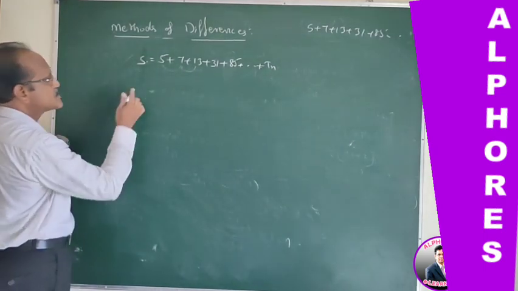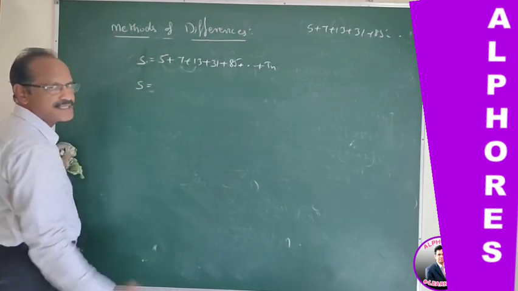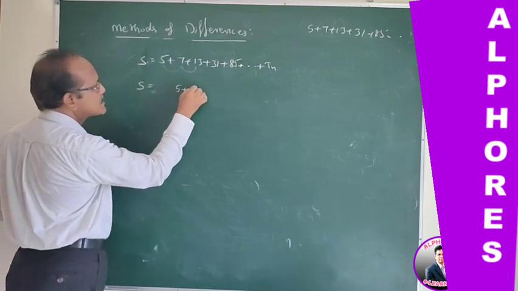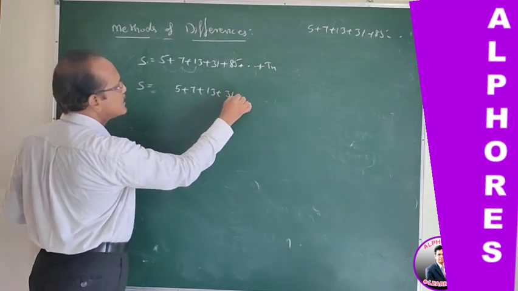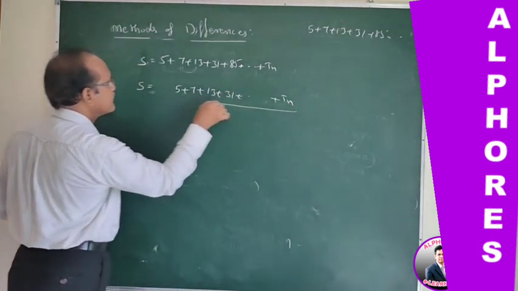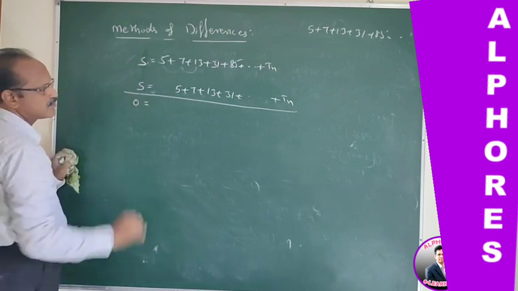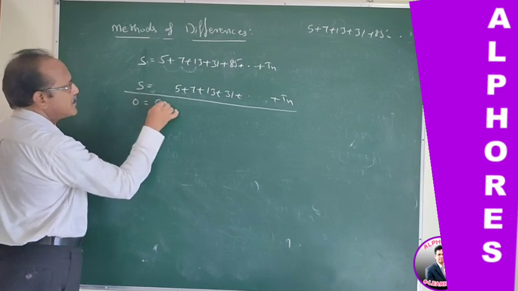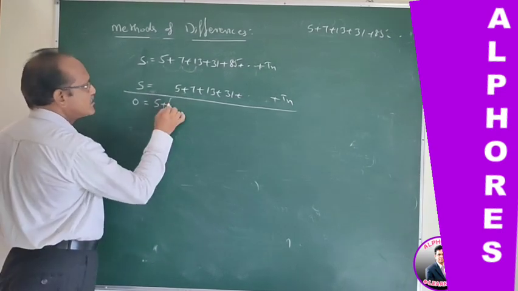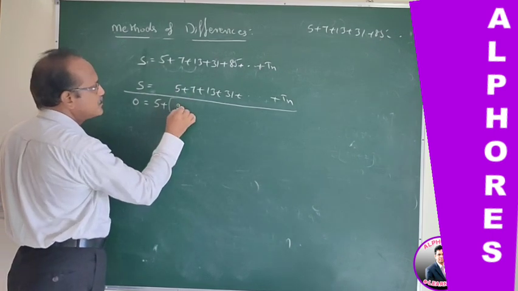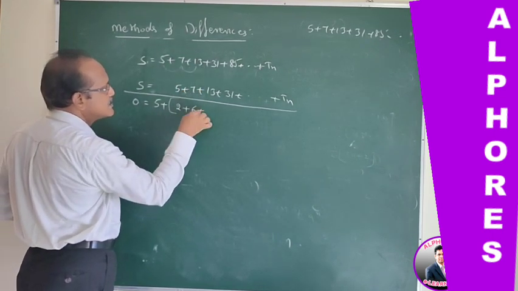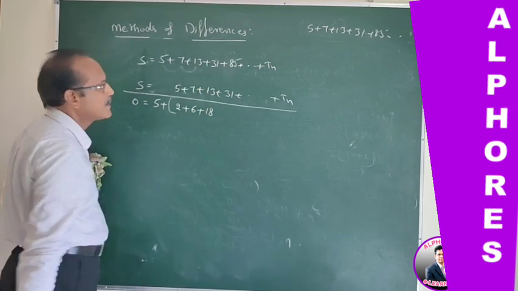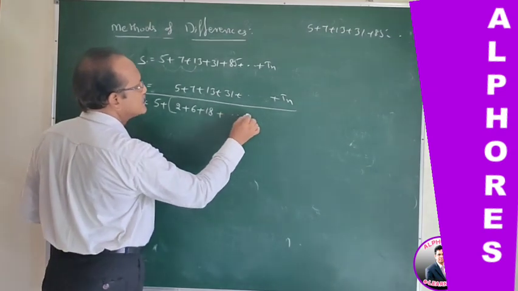Now the procedure is: write the same series again by omitting the first term. That is 5 plus 7 plus 13 plus 31 plus so on and plus Tn, and subtract this series from the first one. 5 plus, put a bracket here, 7 minus 5, 2, plus 13 minus 7, 6, plus 31 minus 13, that is 18, plus etc. Right?